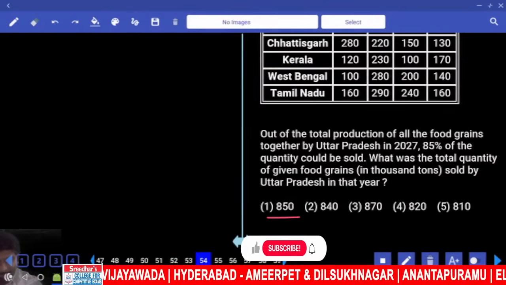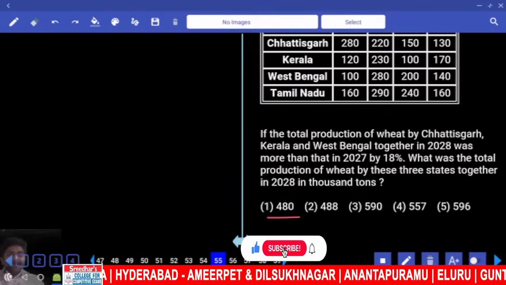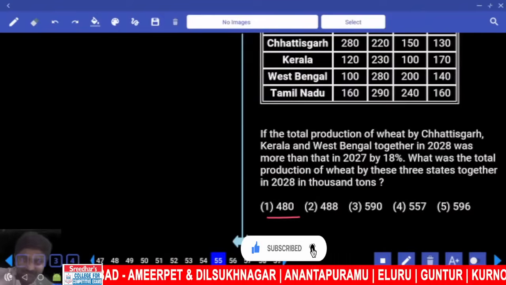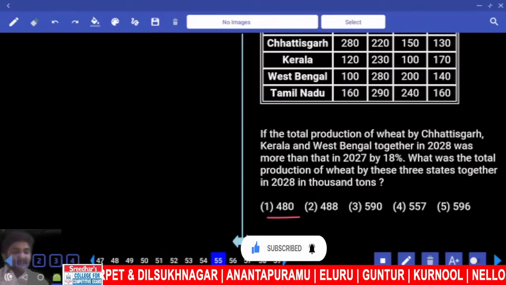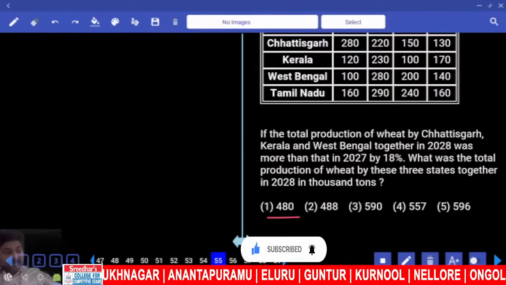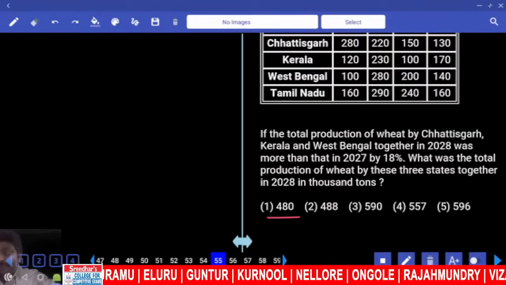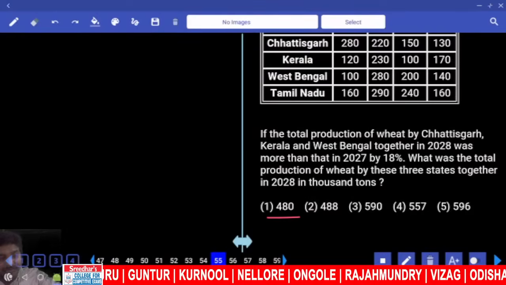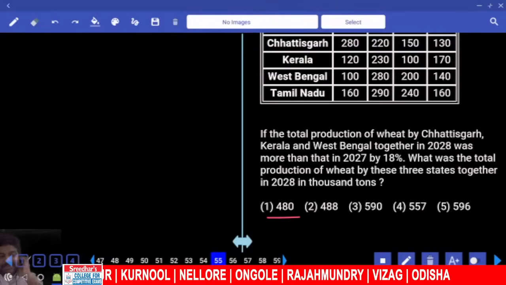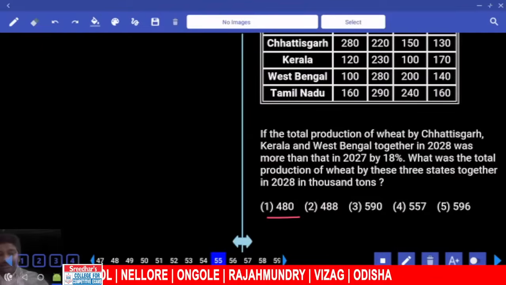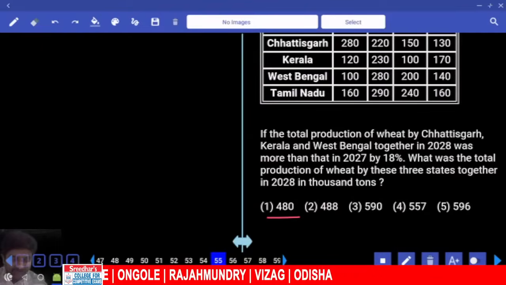Okay now. Next. If the total production of wheat by Chhattisgarh, Kerala, West Bengal together in 2028 was more than that in 2027 by 18%, what was the total production of wheat by these three states together in 2028 in 1000 of tons?